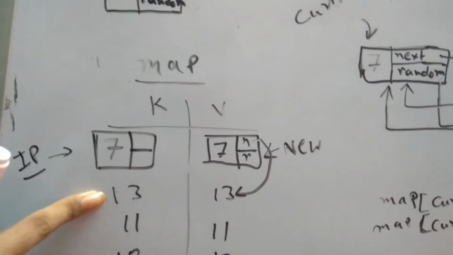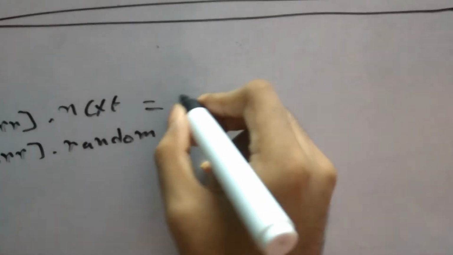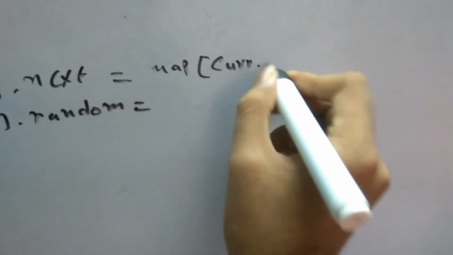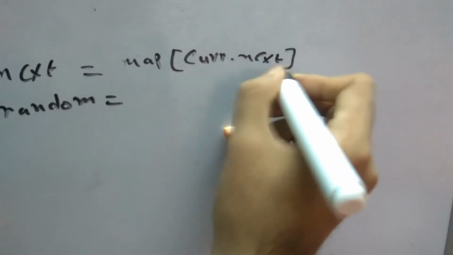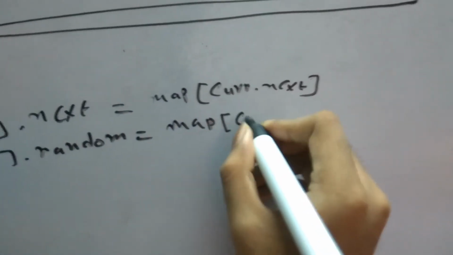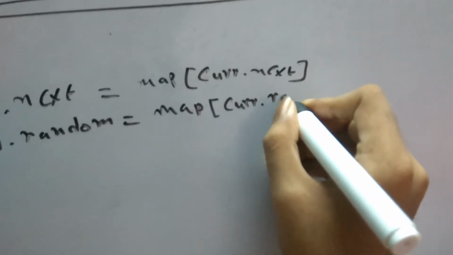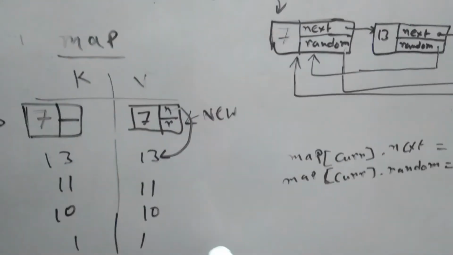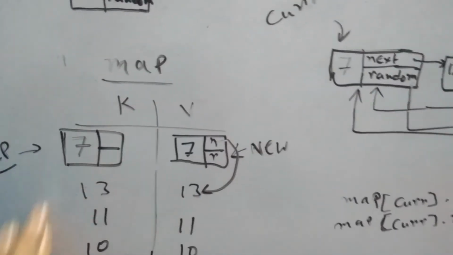You're understanding, I guess. So here we have to write map of current dot next, and we have to similarly write map of current dot random. So basically these two lines will populate all the pointers of the new list, the same as the previous list.